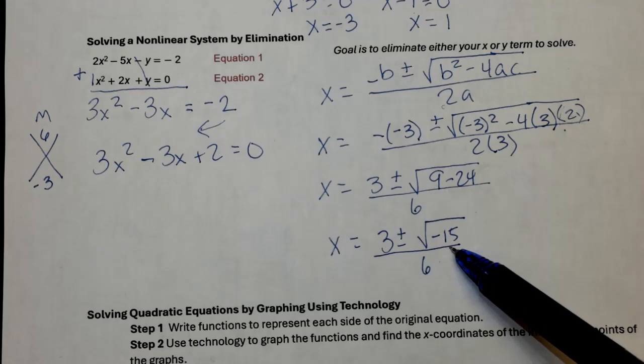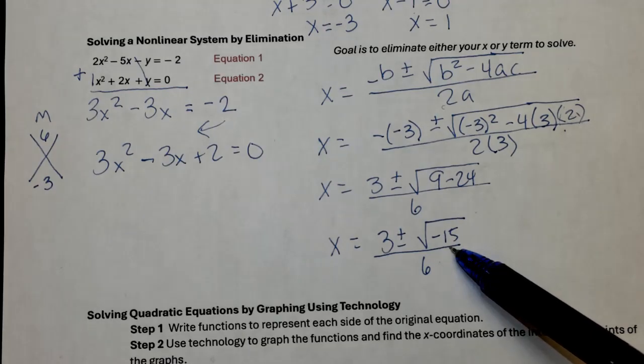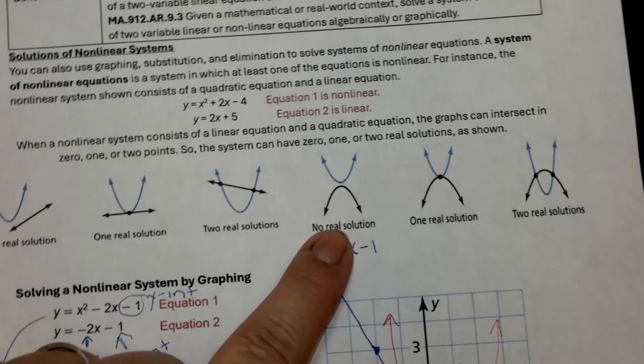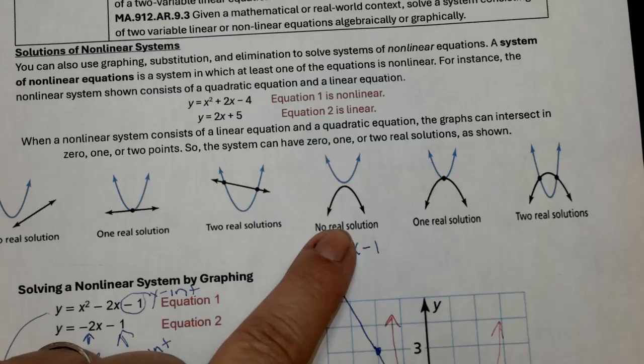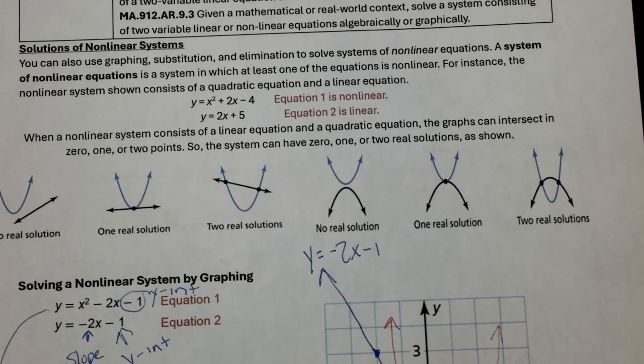So because of those imaginary numbers, that means that we have no real solution. So remember, our imaginary answers are just so we can actually solve the problem. But in this case, our graphs would look something like this. So they would not touch each other. All right, so there would be no real solution.